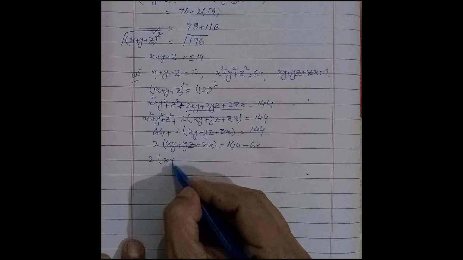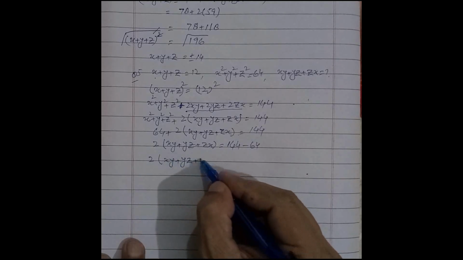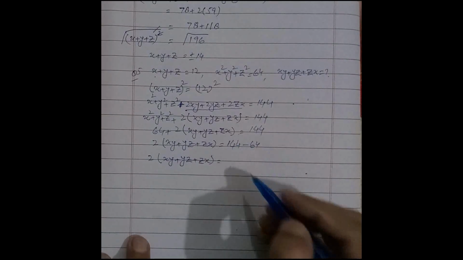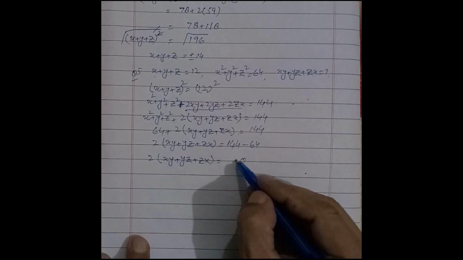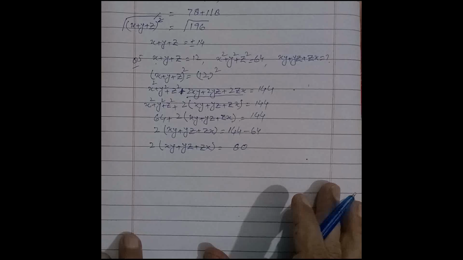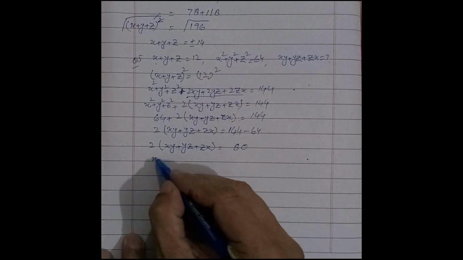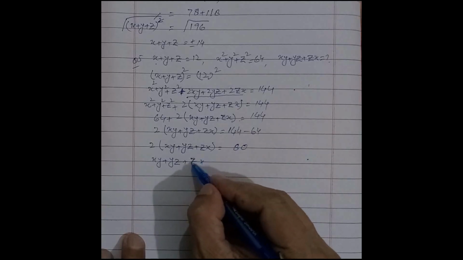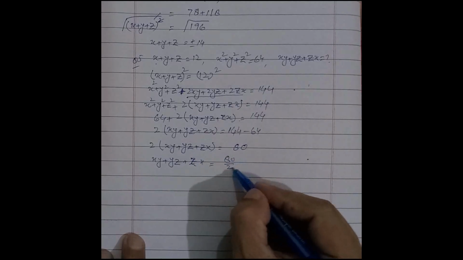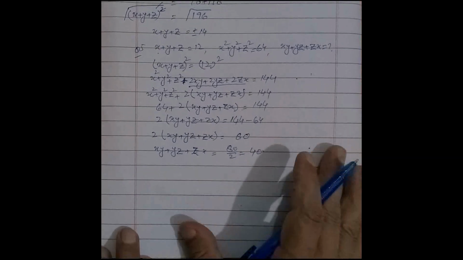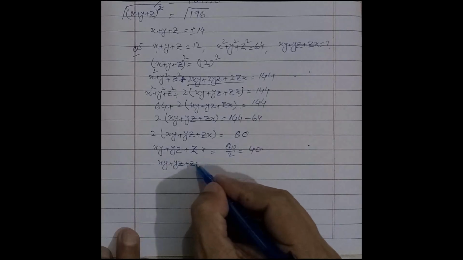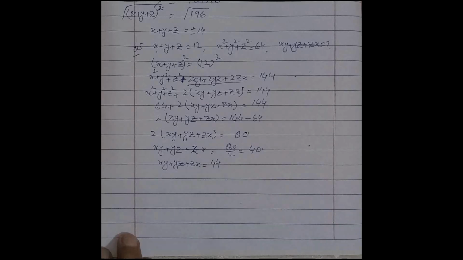Subtract 64 from 144, 4 minus 4 is equal to 0, and 14 minus 6 is equal to 8. And then we divide by 2 both sides. We get xy plus yz plus zx is equal to 80 over 2, which is equal to 40. So the value of xy plus yz plus zx is equal to 40.